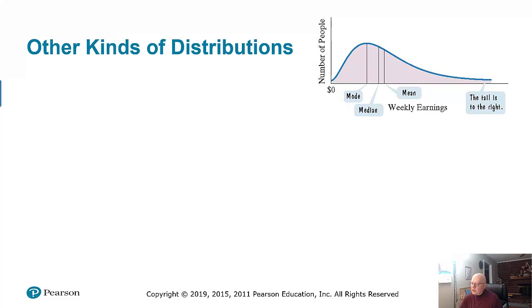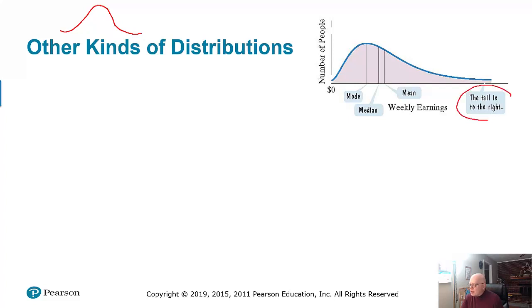Now, let's wrap this up with some other types of distributions. Not all distributions are normal. Remember, the normal one is this nice bell curve. Some distributions don't look like that. In fact, in this case, there are a lot of data values to the right.